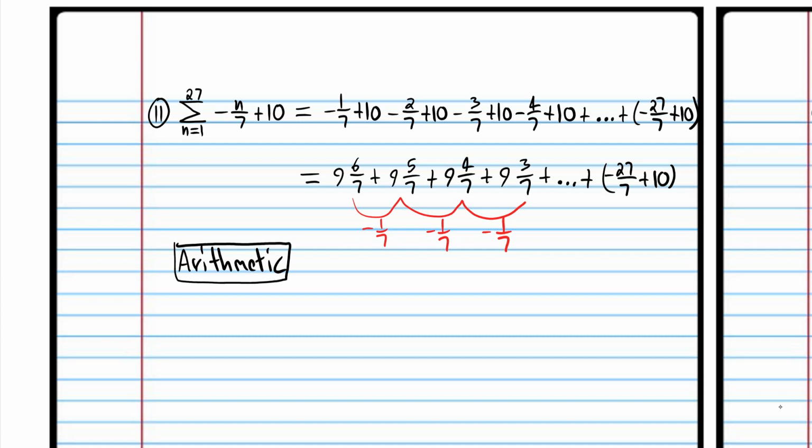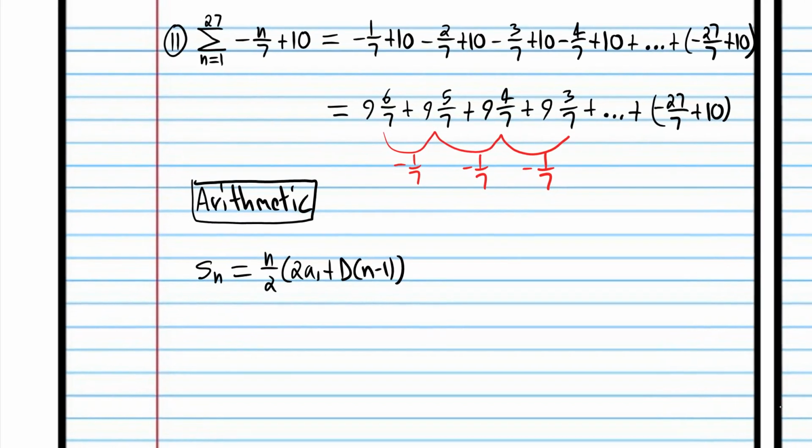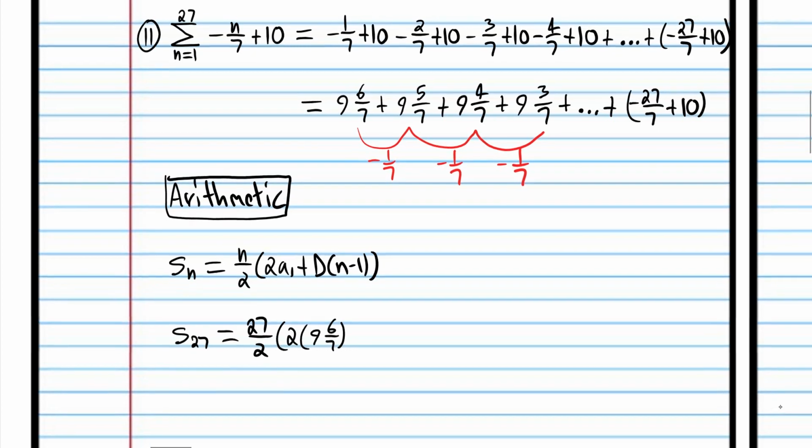So we're going to use our sum formula for the first n terms of an arithmetic sequence. And we have 27 terms, so n is equal to 27. And the first term is 9 6/7.